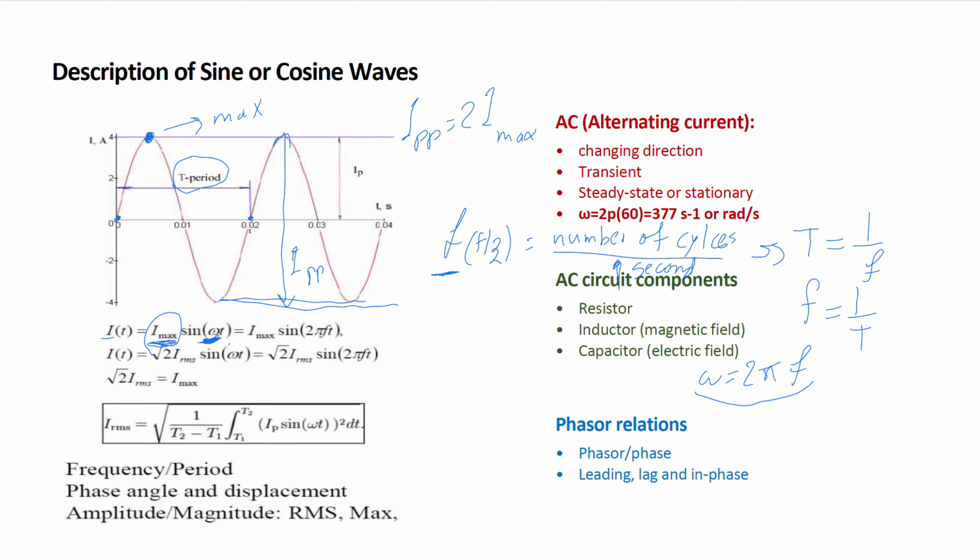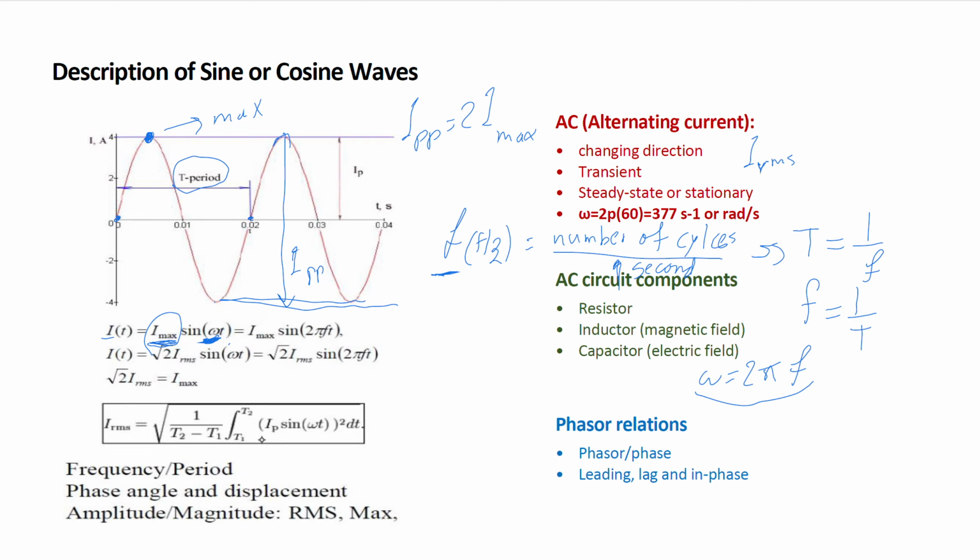Now, in a sinusoidal function, there is another way to represent the amplitude of the signal, which we work with pretty much always. When we want to talk about the sinusoidal, we normally work with another parameter beside the peak or peak to peak, which we call the RMS value. RMS is short for root mean square.